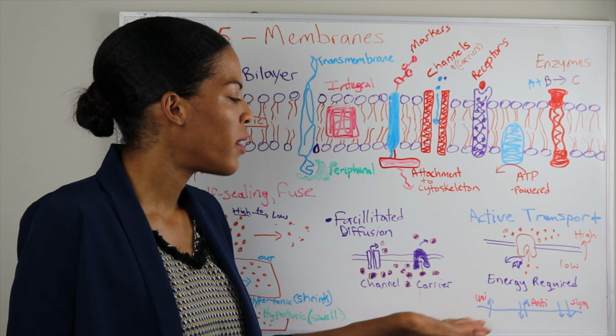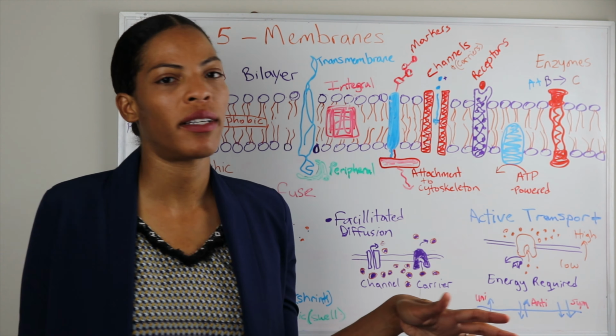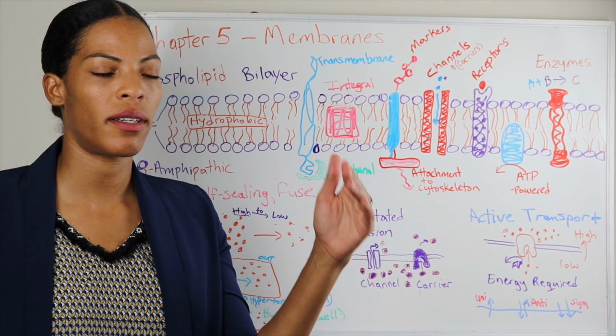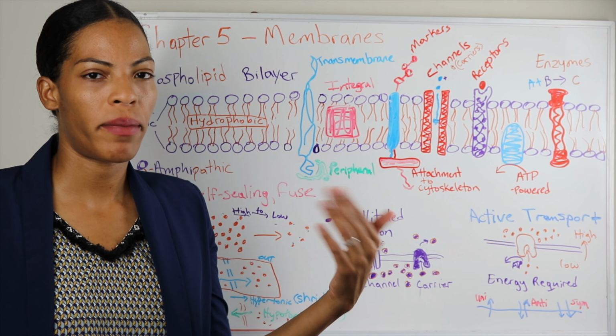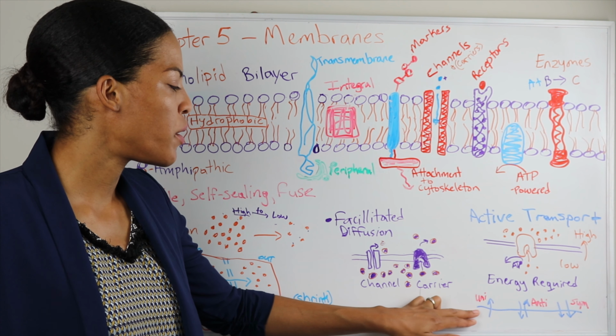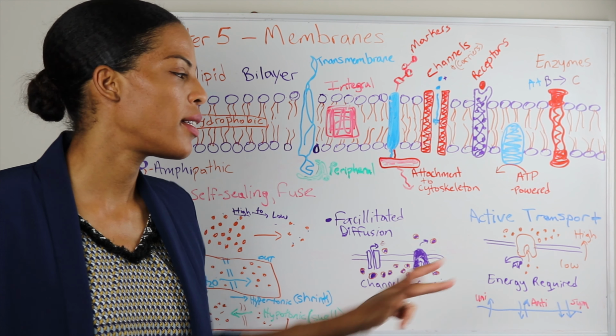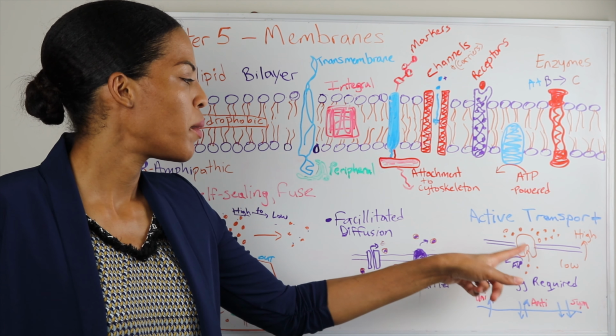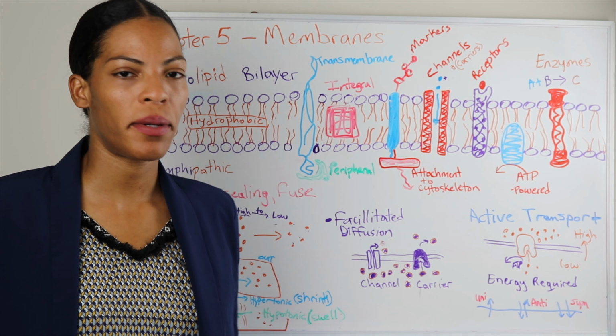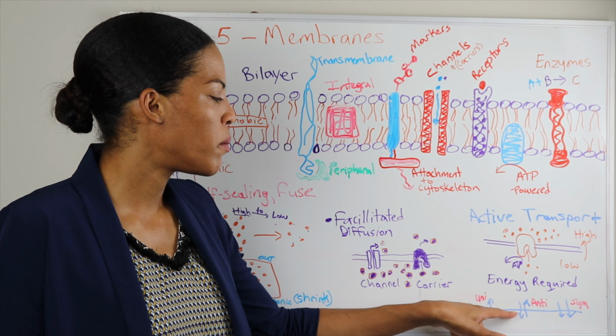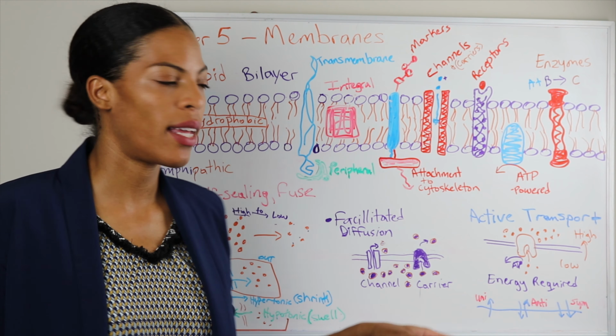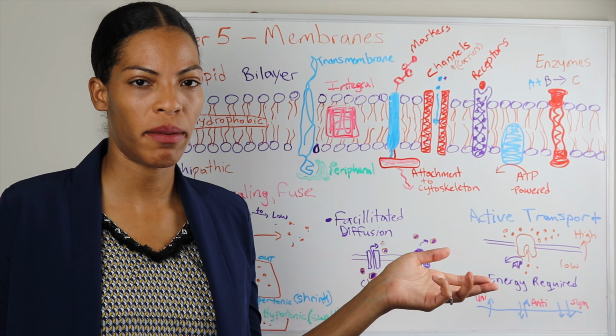Also, sometimes you have movement of molecules across the membrane in different manners. Sometimes you're just moving across in one direction. That type of protein would be called a uniport protein. Sometimes you're moving two molecules, like in the case of the sodium-potassium pump.